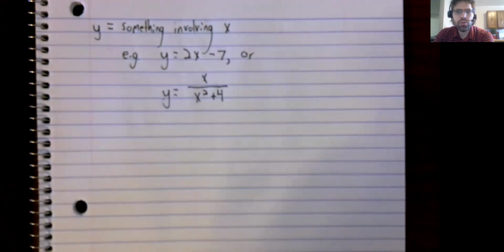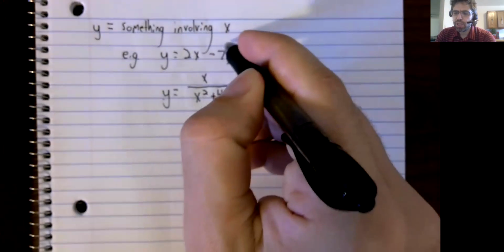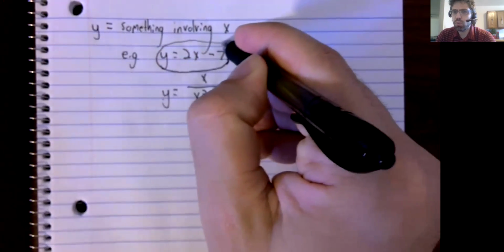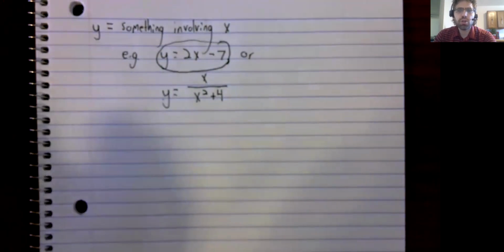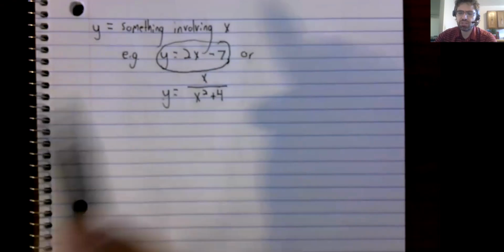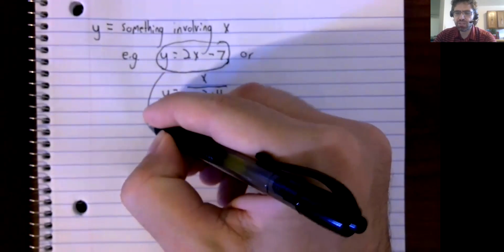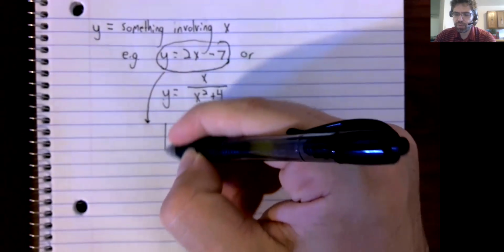So how you plot these equations kind of varies from case to case. As we progress through this course, we learn to plot certain types of equations. So y equals 2x plus 7.